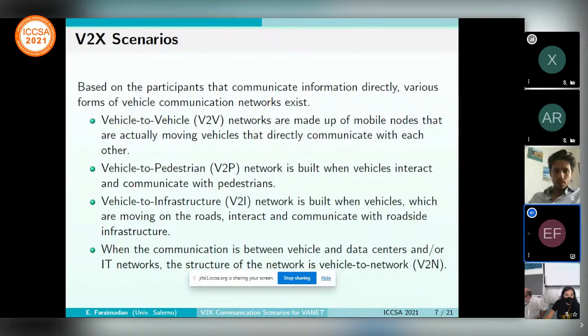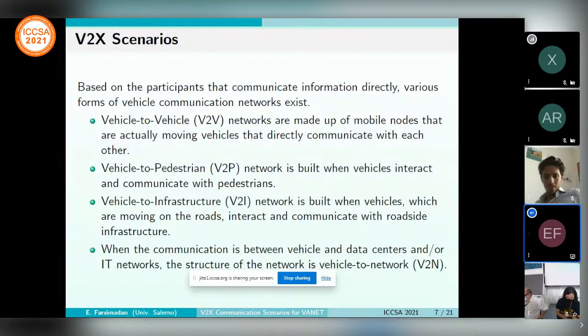The second one is vehicle-to-pedestrian, or V2P in short. A V2P network is built when vehicles interact and communicate with pedestrians which are close to them.